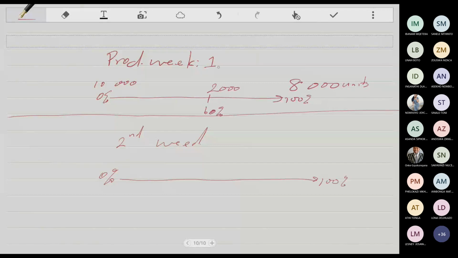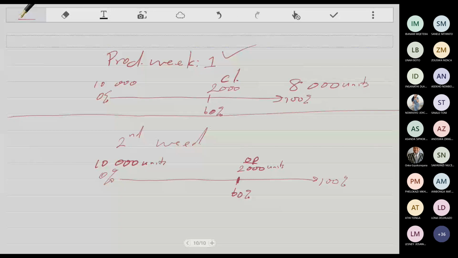But because in week one we haven't finished 2,000 units, when we open for the second week at 60%, you will find that you've got 2,000 units. So on week one, this was your closing. Now on week two, this is going to be the opening. And again, you've been provided with another 10,000 new units. That is your raw material at the beginning of the production.